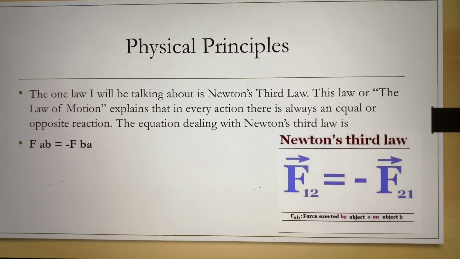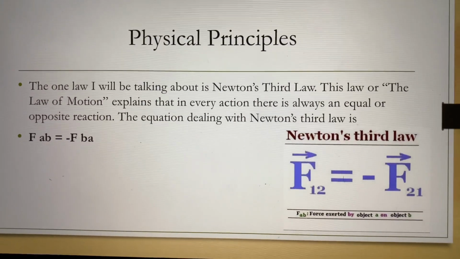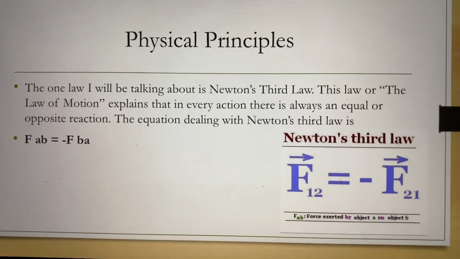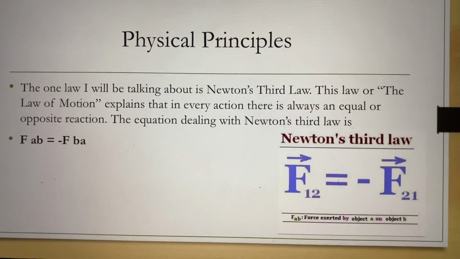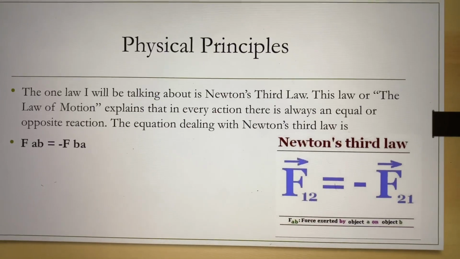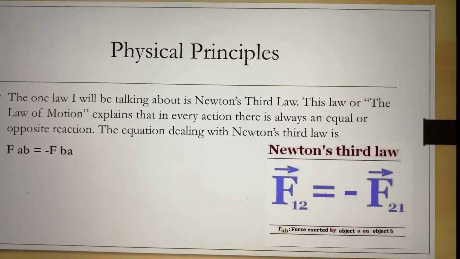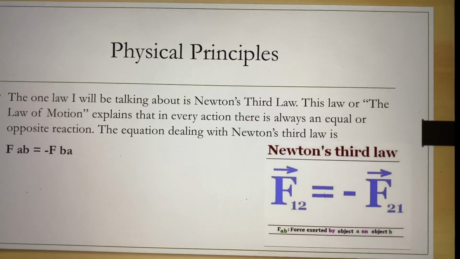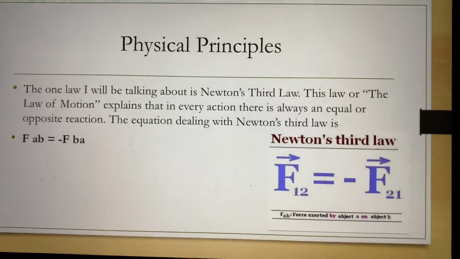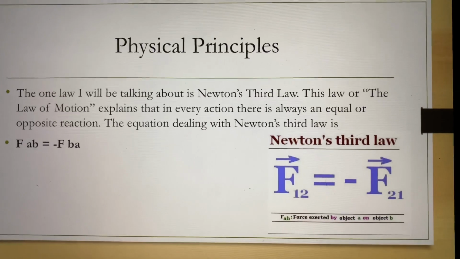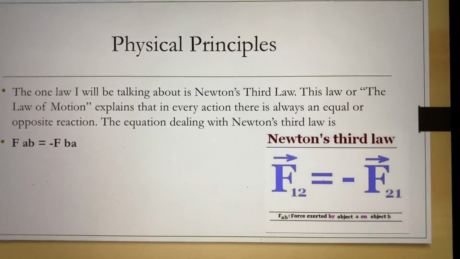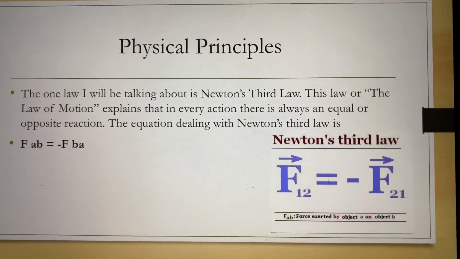So the physical principles of this: as you see, the equation dealing with Newton's third law is F_AB equals negative F_BA. And basically it's just the force exerted by an object on an object. So obviously the one law that I'm talking about is Newton's third law, or the law of motion.